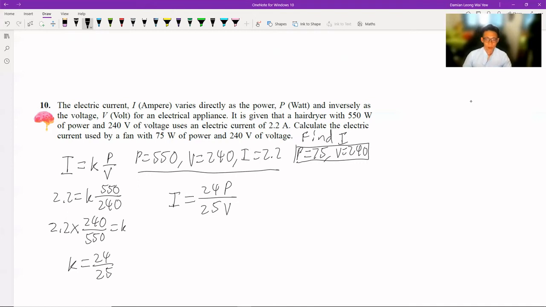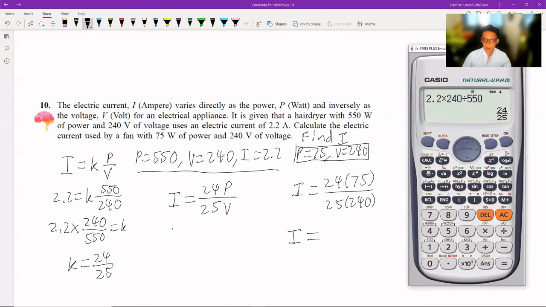So I want to find I when P is this and V is this. So just substitute these two values inside. Then I would be equal to 24 times 75 over 25 times 240. I can straight away calculate.